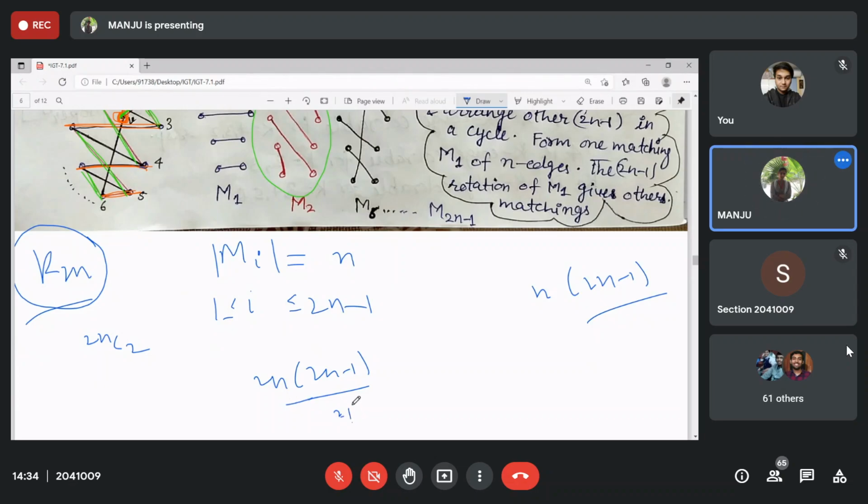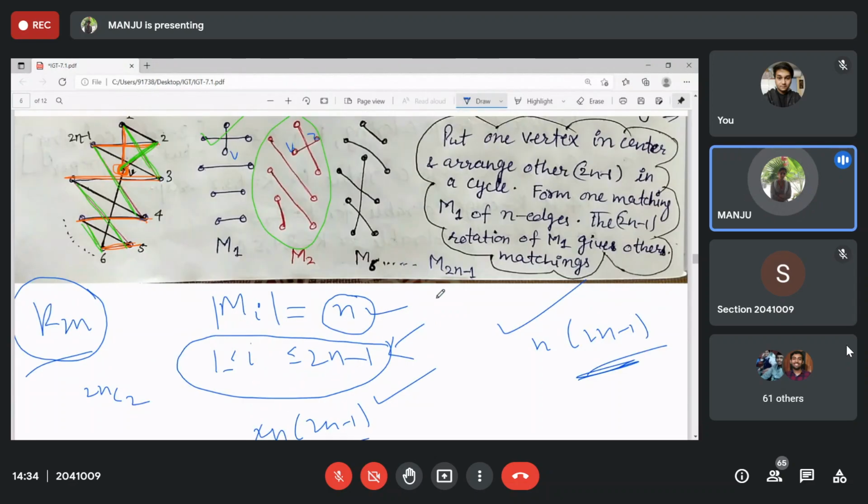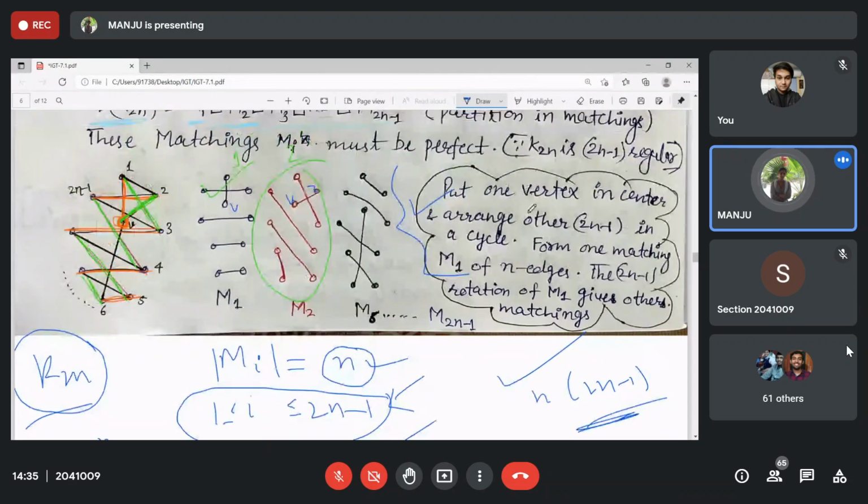Covered all these edges. So the total number of colors, or corresponding color classes, is 2n minus 1, and each color class has cardinality n edges. Like this, first fix one vertex at the center and then rotate. On the rotation basis, you can color it. Clear? That is what I have written over here. Understood?